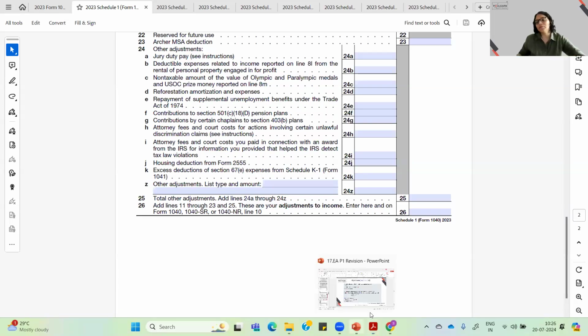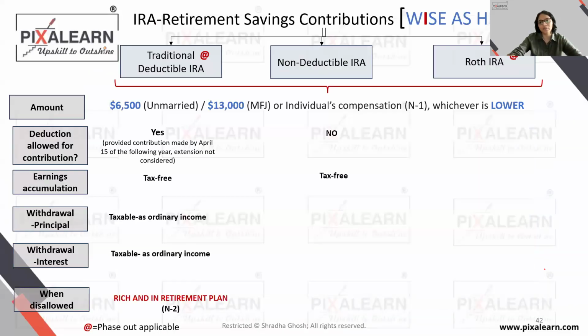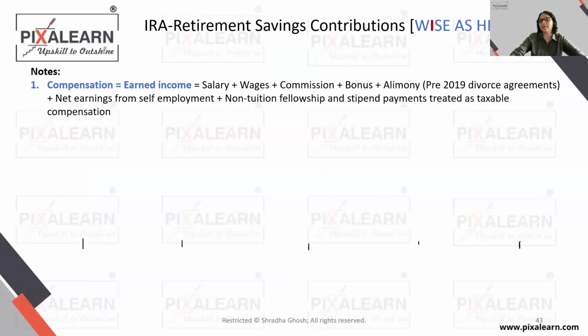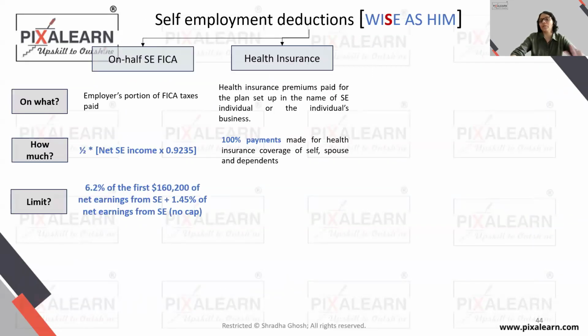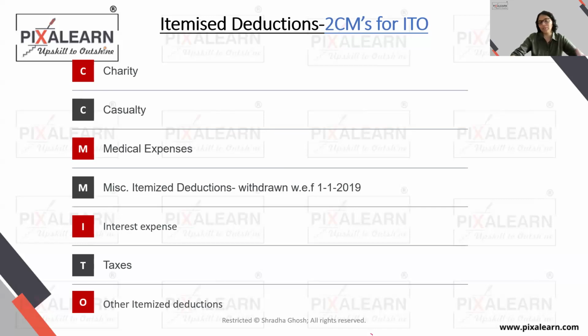Then we move on and speak about the standard deduction. Okay, so we did all of this. Then we have the standard deduction or itemized deduction, whichever is higher. Now, in the standard deduction, we have different things, but in itemized deduction, we have a total of 3 and 3, 6.